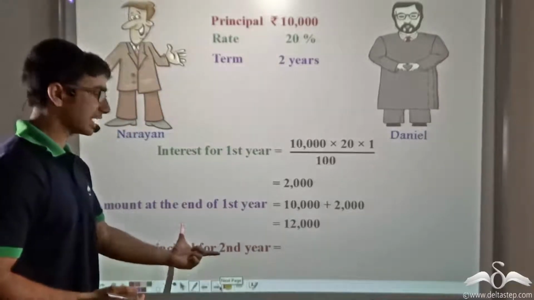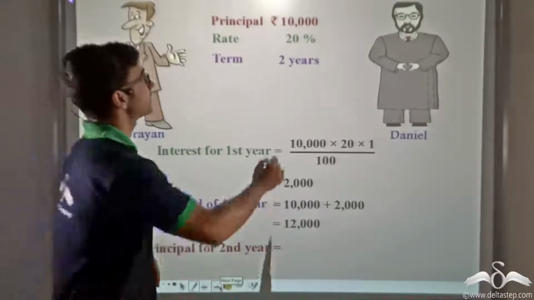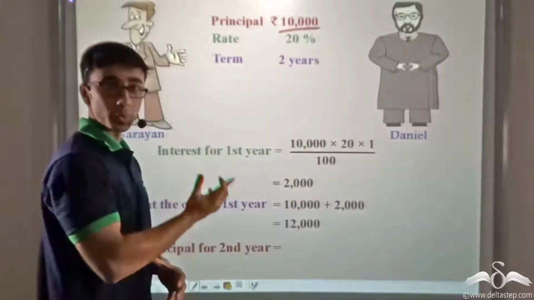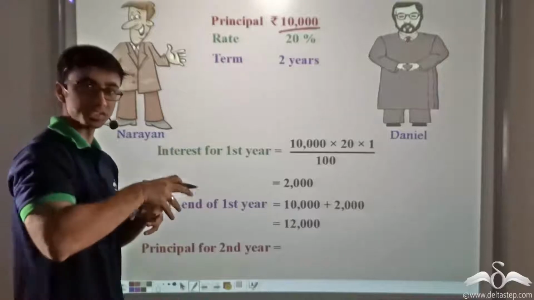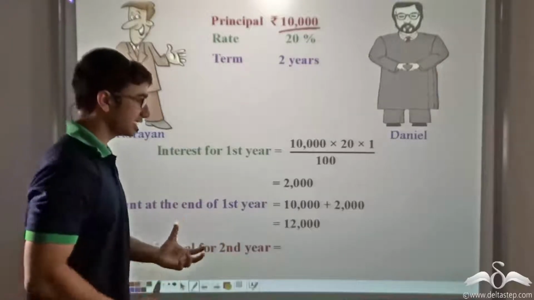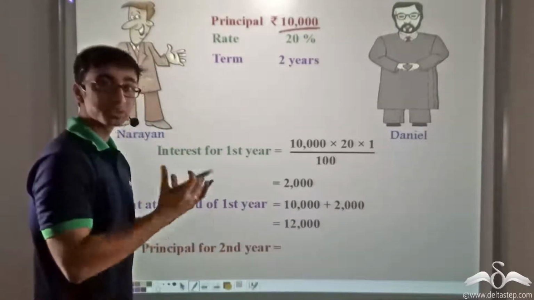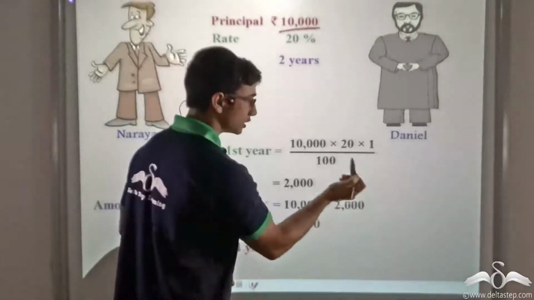So the principal for second year will now not be rupees 10,000. Why? Because in this case, Narayan wants to charge an interest on interest. So it will be 20% on 10,000 as well as 20% on 2,000.